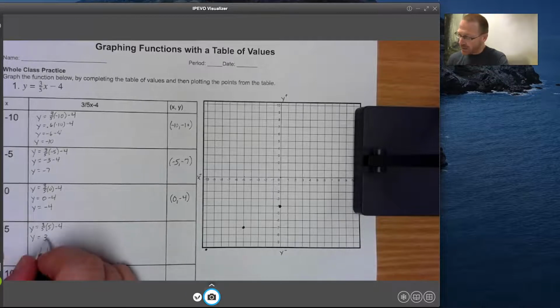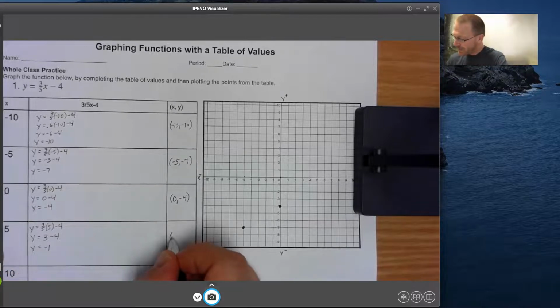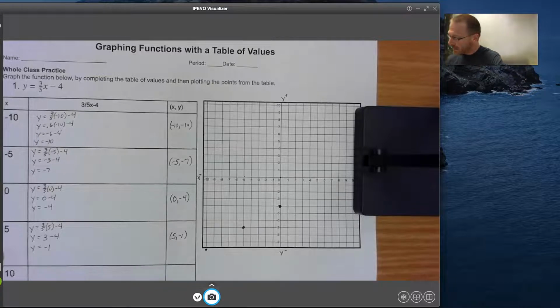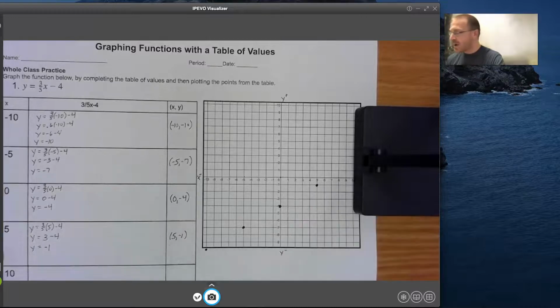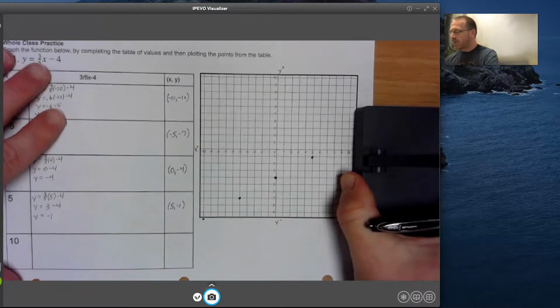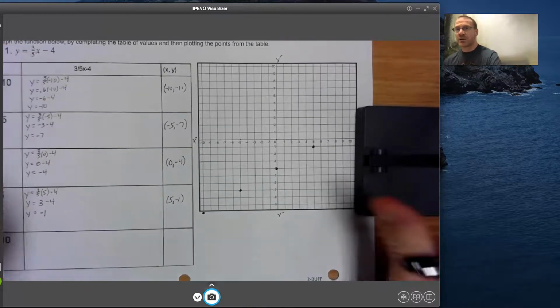All right, and then I bring down the -4, and then y equals 3 minus 4 is -1. So I get 5, -1. All right, so 5, -1 would be right there. And hopefully you're starting to see what type of function we're going to have here, what type of graph we're going to have based on those initial points.